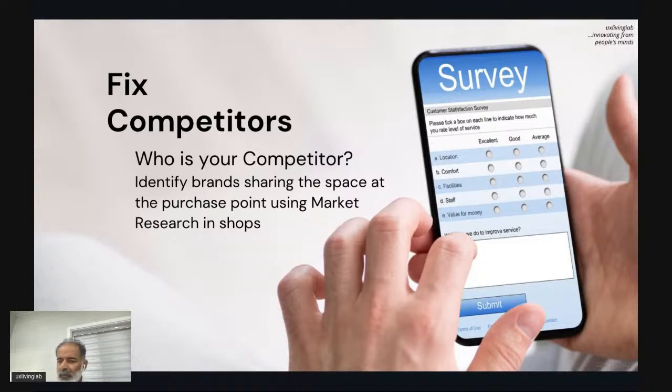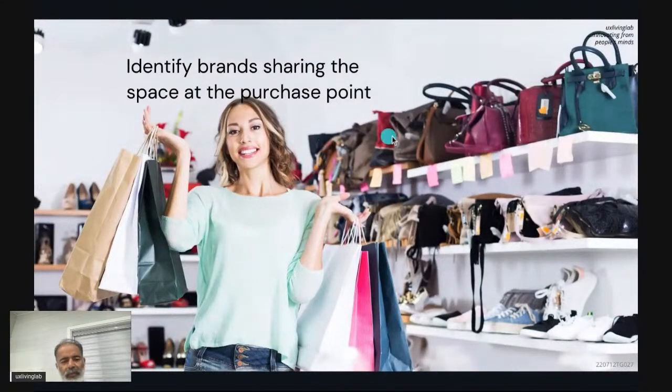So develop the shops as channel partners and do the survey and find out who is sharing the purchase point. It will look like this, because the toughest competition is always in FMCGs and apparels and other fast moving goods.